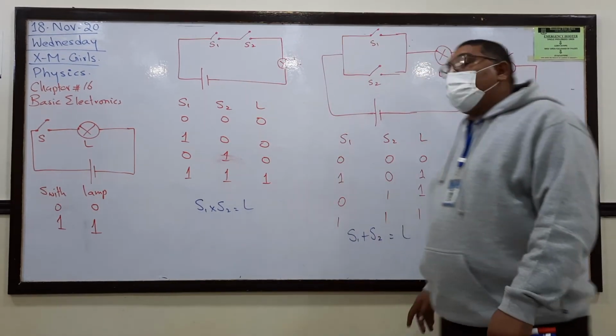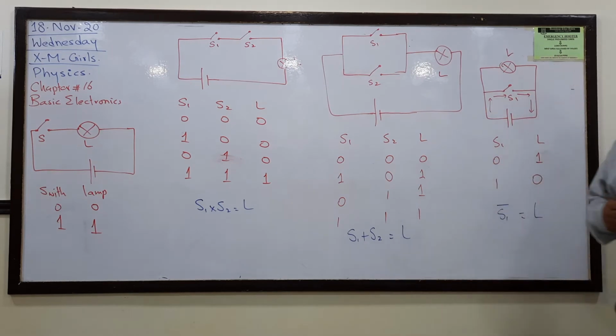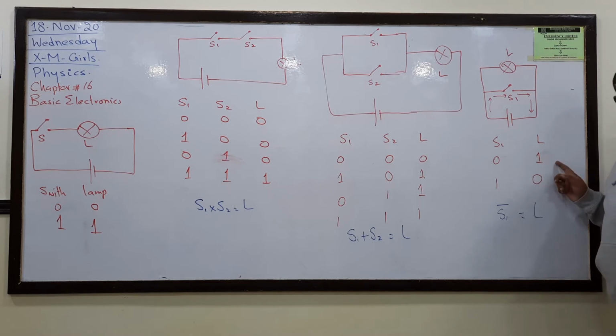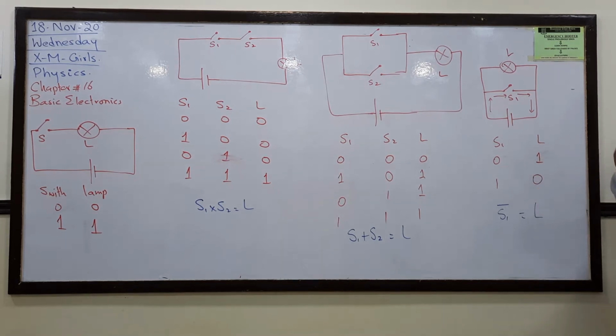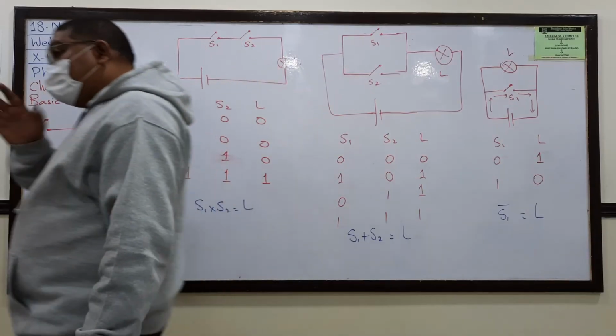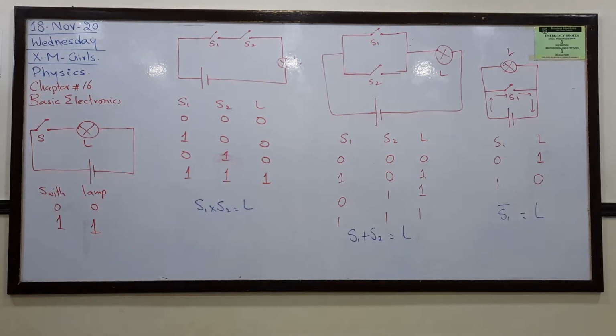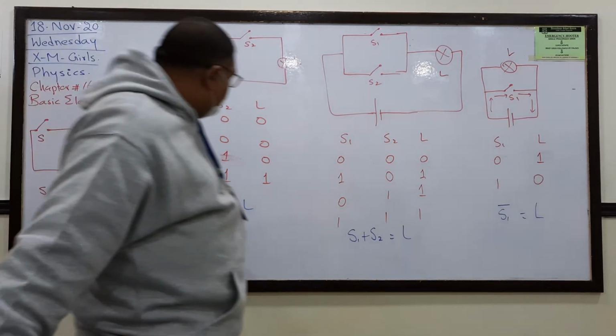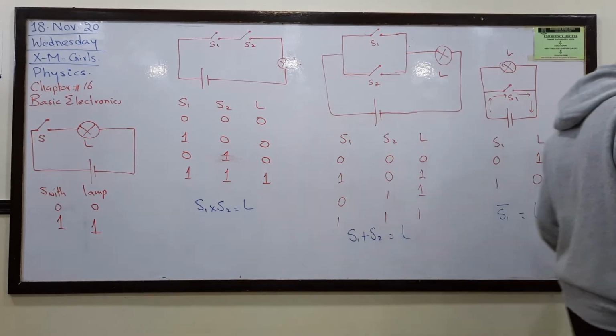So for example, if the S1 is 0, invert it, flip it, change it. 0 means change to 1, and 1 means change it to 0. Do you understand? Yes. Okay, now this is multiplication, this is addition, and this is inversion.